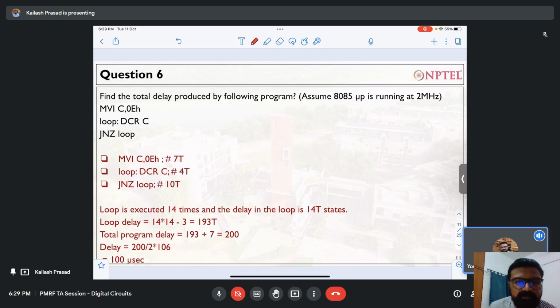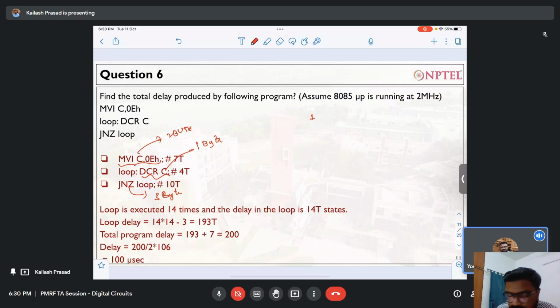Okay. So see, before approaching this problem, you should know how many T states every instruction takes. MVI is a 2 byte instruction. DCR is a 1 byte instruction, and JNZ is a 3 byte instruction. There is a general rule you just remember while solving this kind of problem, and you can go and see it in the instruction set.